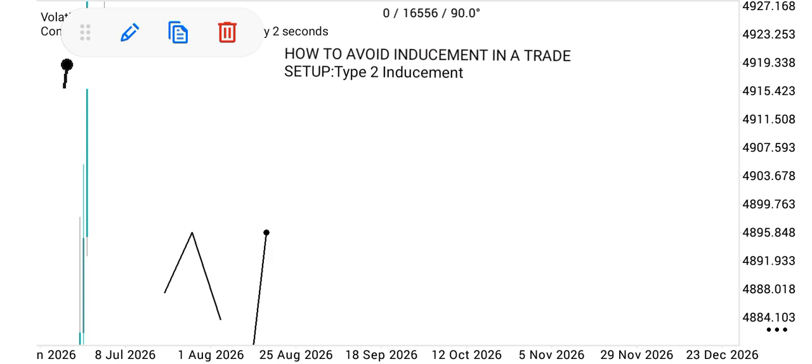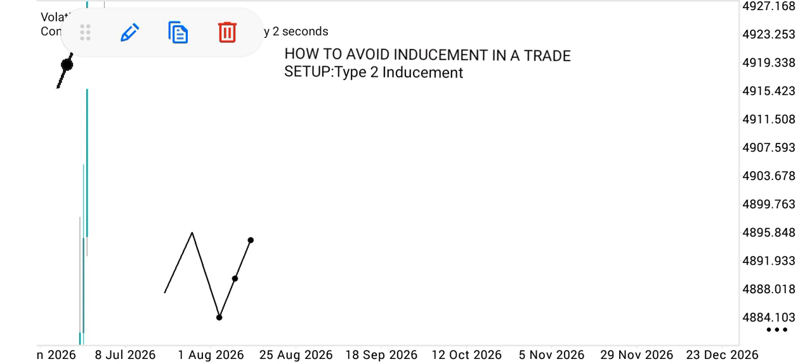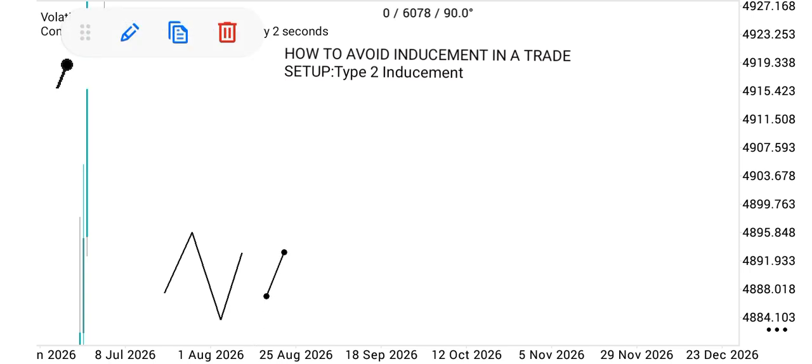Then, before the market gives us a break of structure, we want to see if the market gives us an inducement like this.